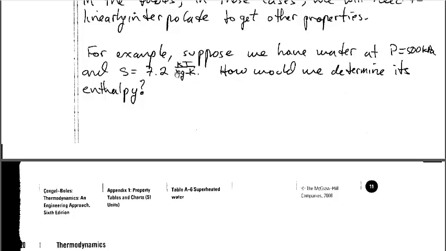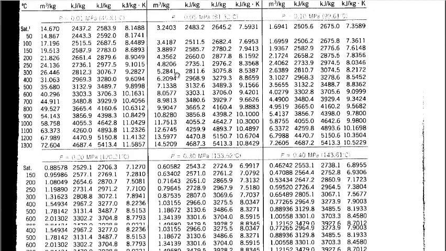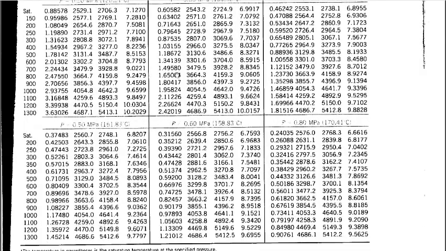But if I go to table A6, since it's a superheated vapor, and I find the 500 kPa pressure subtable, so here's 500 kPa, and I look down the list of entropy, and I'm looking for 7.2, but I don't see 7.2 exactly. I see 7.06, and then I see 7.27.